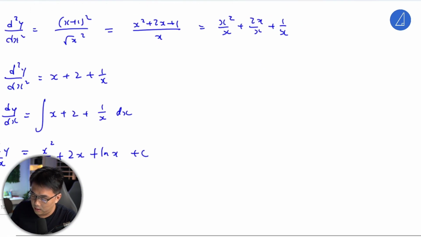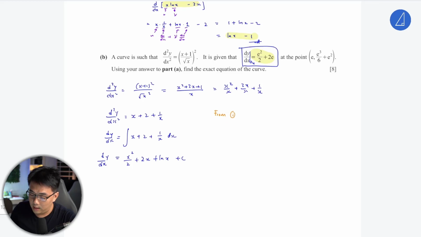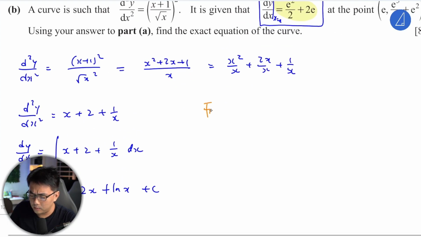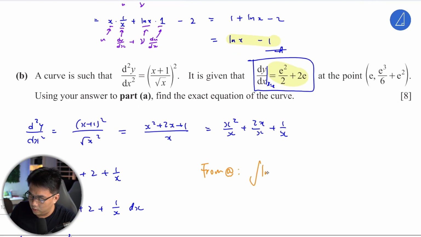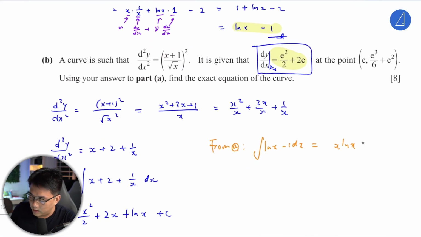So from part A, what we know is that integrating ln x minus 1 dx will give us x ln x minus 2x.